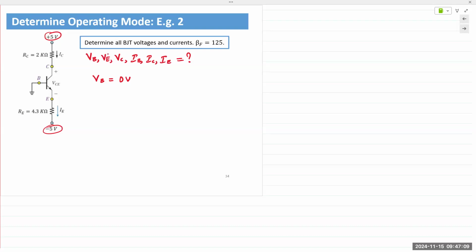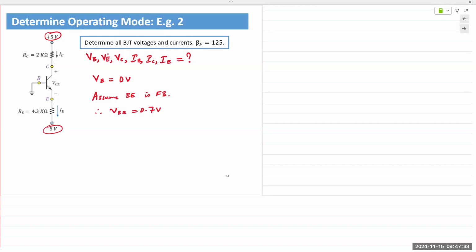NPN transistor again, PN junction is forward bias. So I would assume base emitter junction is forward bias. And therefore, I can write VBE is equal to 0.7.